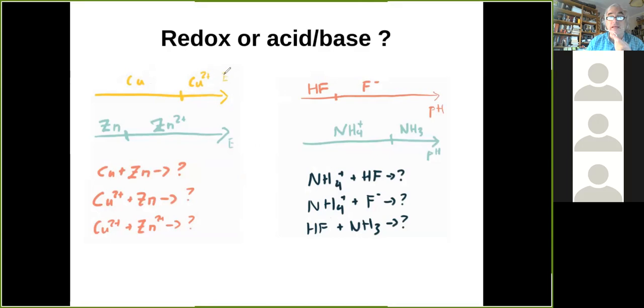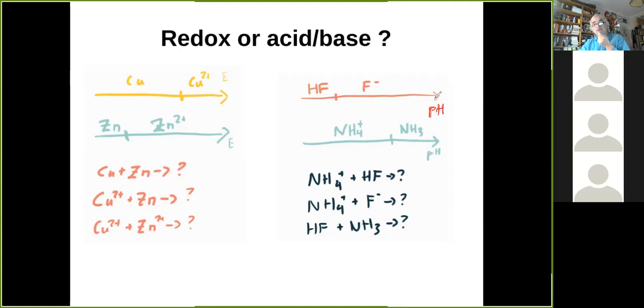Here it's E. This is redox potential, some kind of electrical potential, with high values to the right and low values to the left. And to the right here, we have a pH scale. This is much more well known, I think.